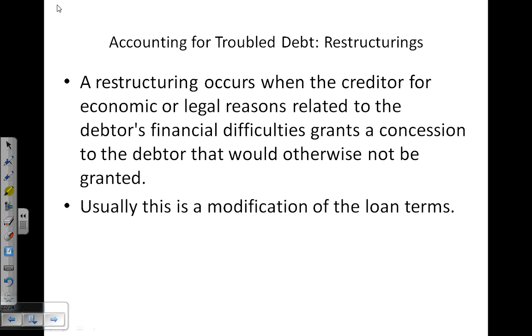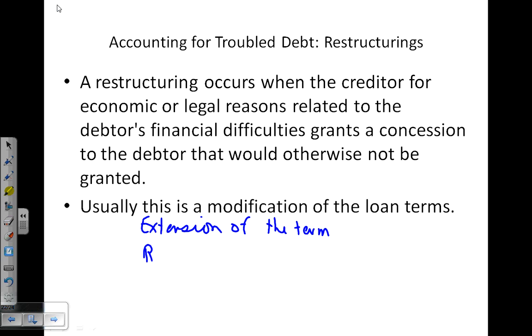More importantly, though, this is the case that makes the accounting for troubled debt restructurings more difficult. A restructuring occurs when the creditor, for economic or legal reasons related to the debtor's financial difficulties, grants a concession to the debtor that would otherwise not be granted. And normally this is a modification of terms, and it might be such things as an extension of the term.